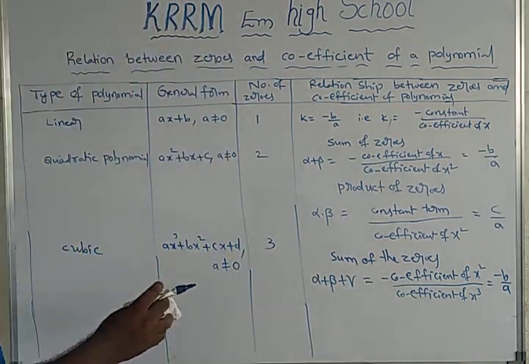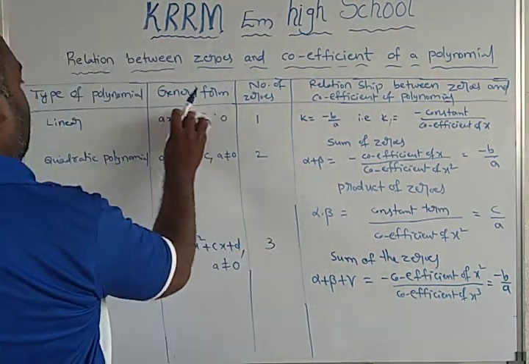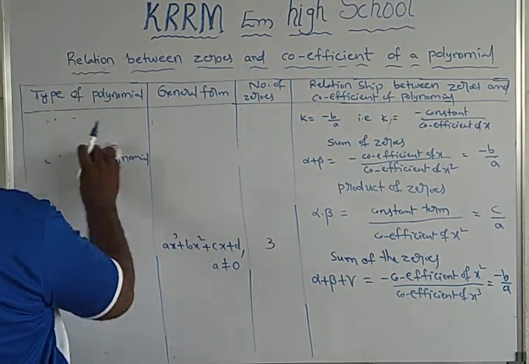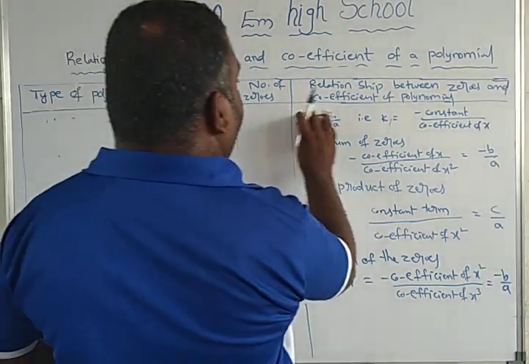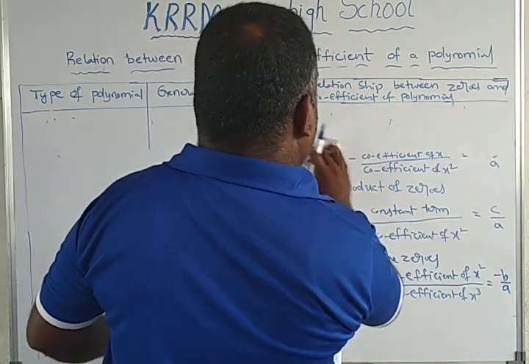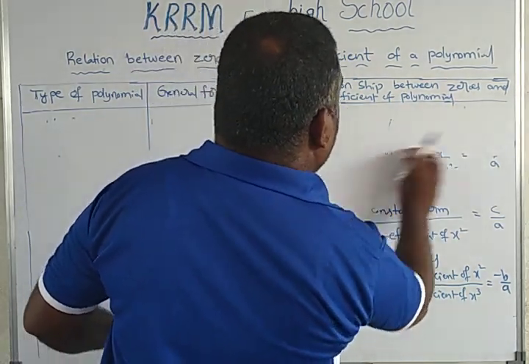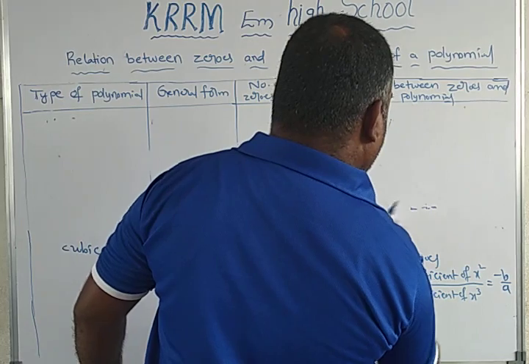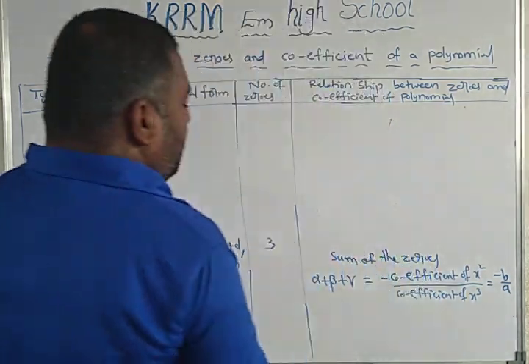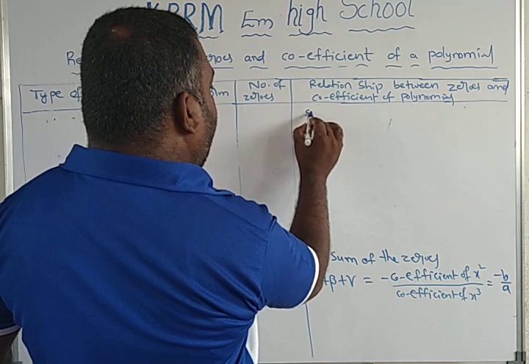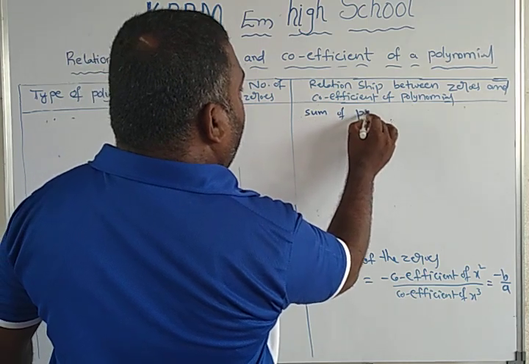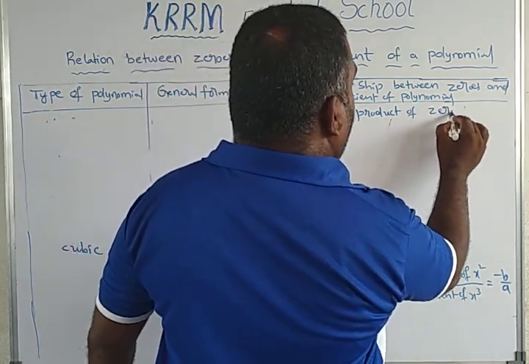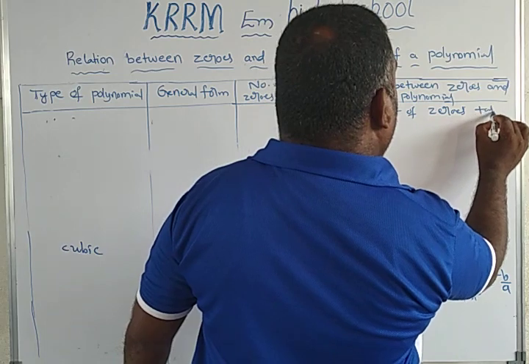In the same way, the product of zeros. The second one is the sum of product of zeros taken two at a time.